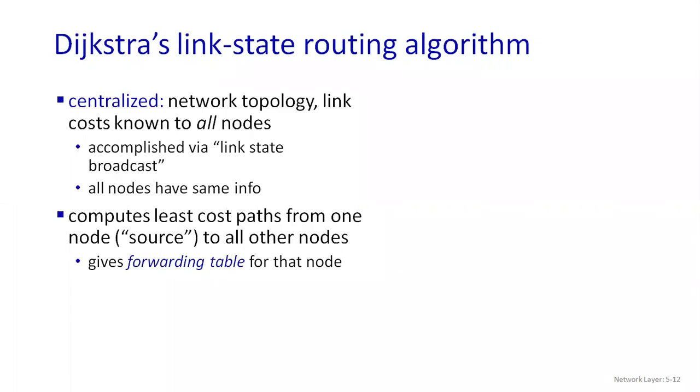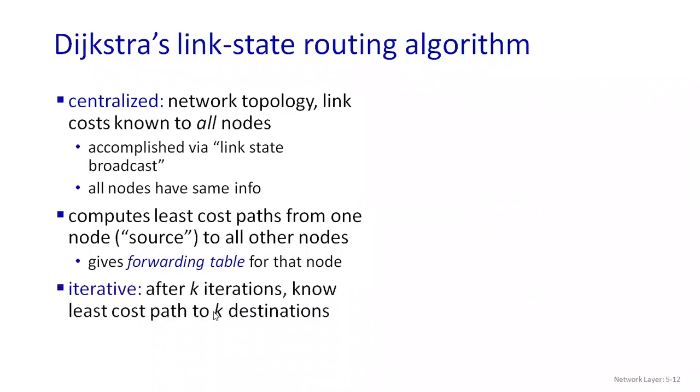Here what we are going to do is compute the least cost path from one node to another node, which it will give through our forwarding table for each of the nodes. And if we consider the iterative way, then there will be k iterations, because we have to go to each node and see the direct connectivity to the other node.